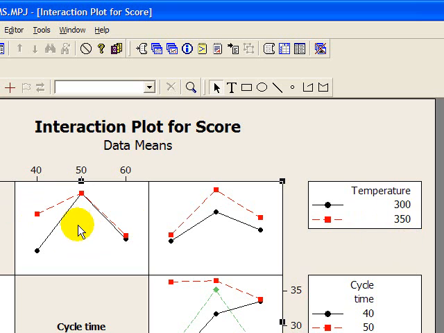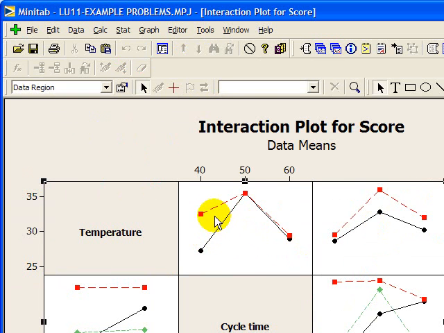So this graph was between score and the cycle time, right?